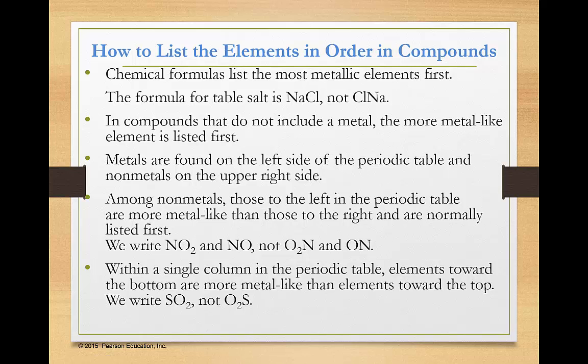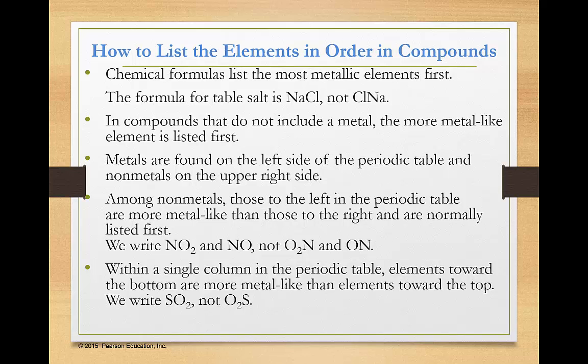If the compound does not include a metal, then you use the most metal-like element first. So the thing that is furthest to the left or furthest down. Remember that metals tend to be found on the left side of the periodic table, nonmetals on the upper right. So the further away you are from the upper right corner of the periodic table, the more metal-like you will be.